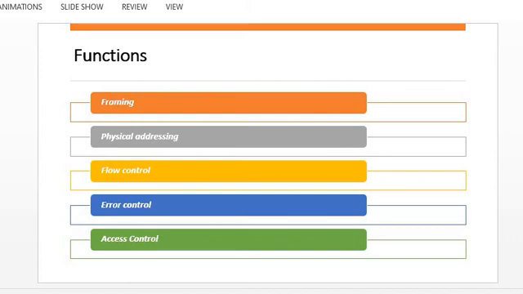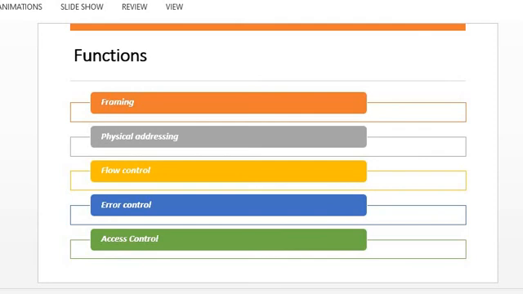I think, as you can see, these terms are more or less self-explanatory. But maybe I can just say, in terms of access control, when we have two devices that are connected to the same data link protocols in a network model, it means that at each point in time, there has to be a device that is in control of the transmission process.